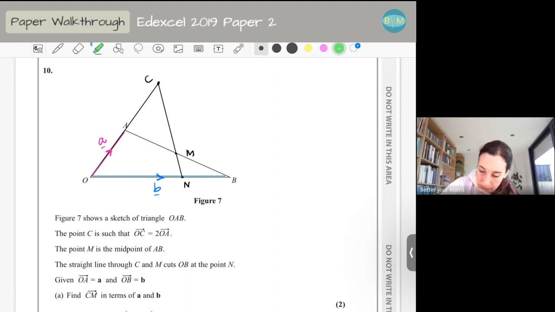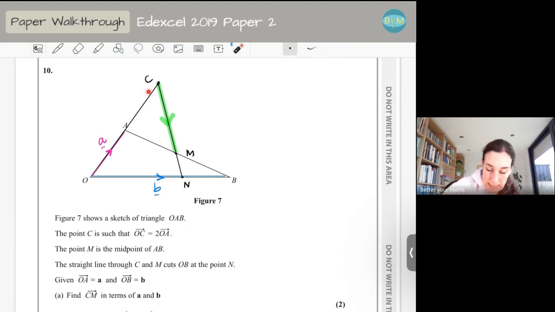CM, so we are looking for this vector. In these vector questions, there is more than one way of doing them, because there is more than one way of going from one point to another, and sometimes one is easier than another. So if something becomes too complicated, try another way. From C to M, we can go this way, for example: CA plus AM. We have to think of another way of going from C to M using vectors that we know.